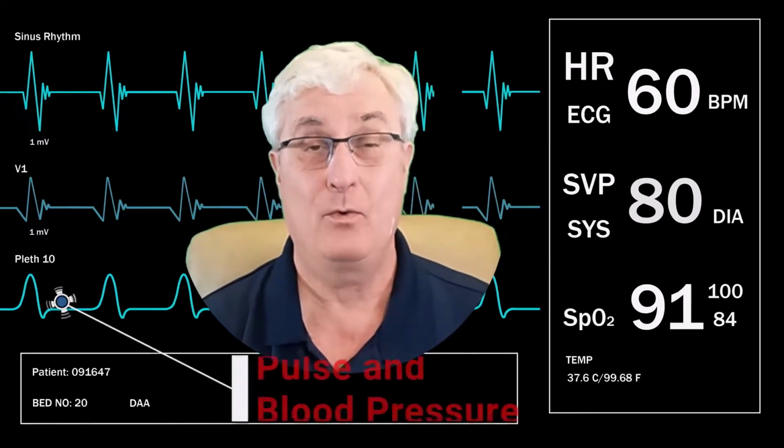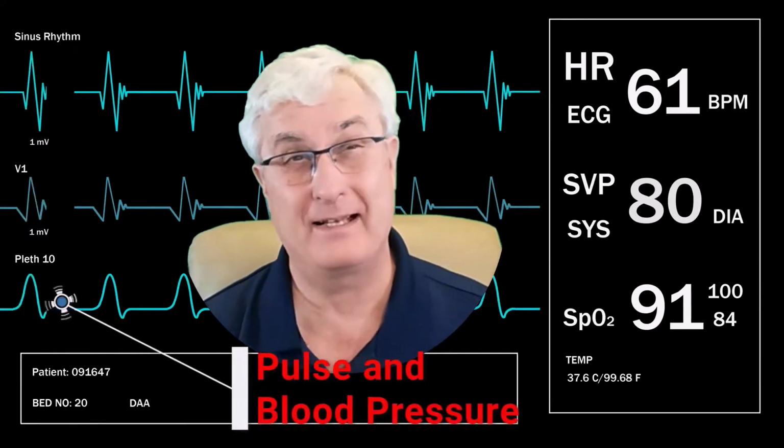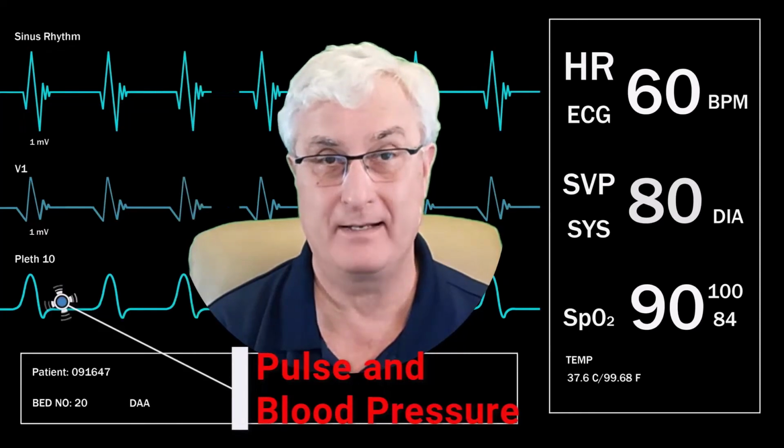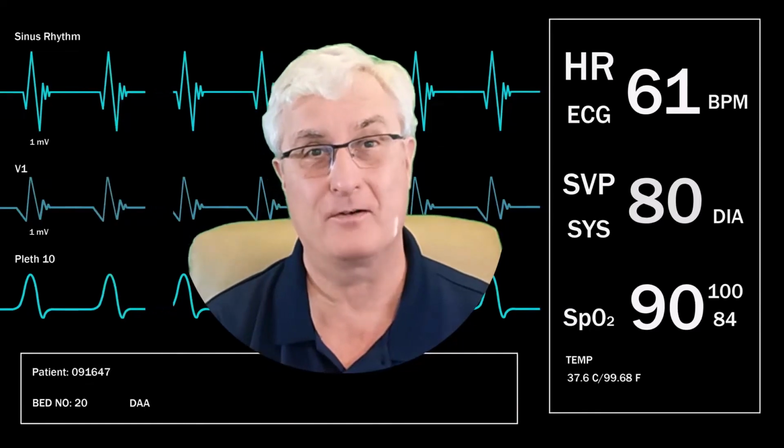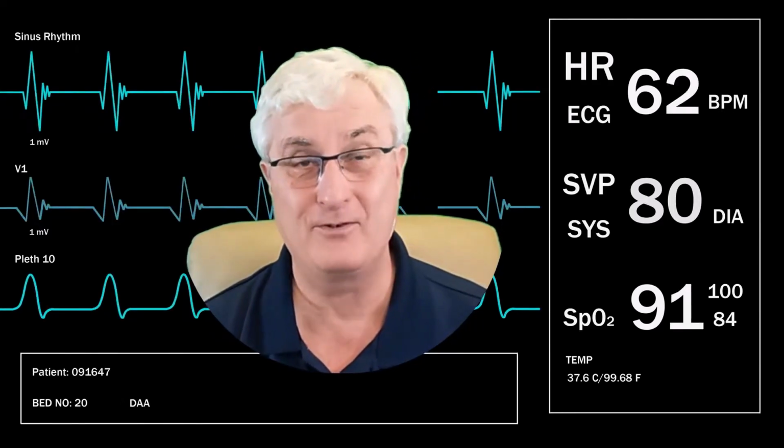So what is the difference between your pulse and your blood pressure? Well, as you know, your heart beats, let's say 80 beats per minute. Well, we measure one pulse for each beat. So if your heart rate was going at 80 beats per minute, then your pulse would be 80 beats per minute. If you're running or exercising and it goes up to 100, then your pulse is 100.